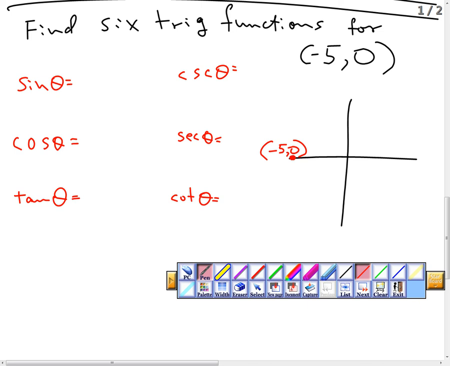It helps to label these in terms of sine and cosine, or cosine and sine. It's a good idea to draw this out on the coordinate plane, and then from there go ahead and get your values.